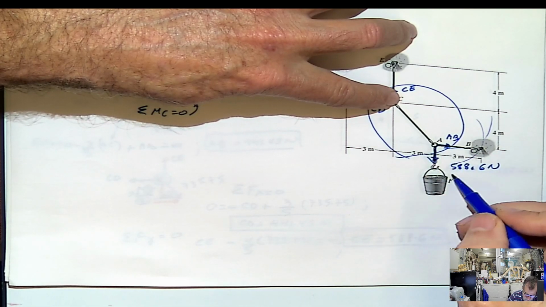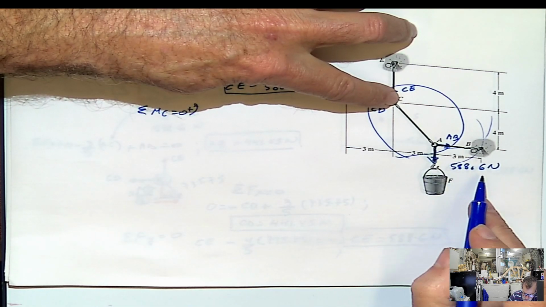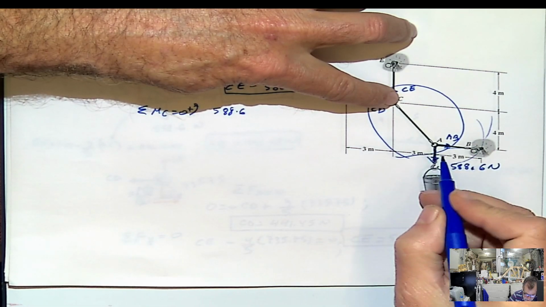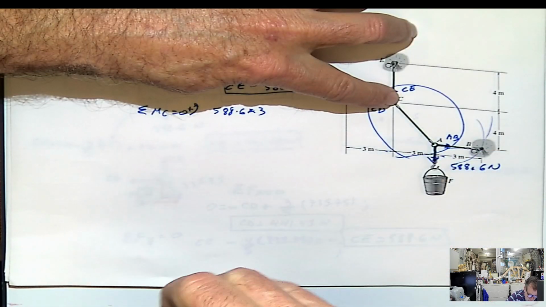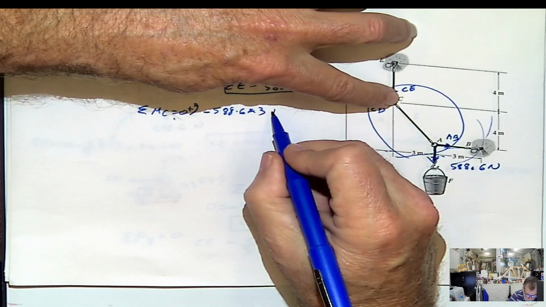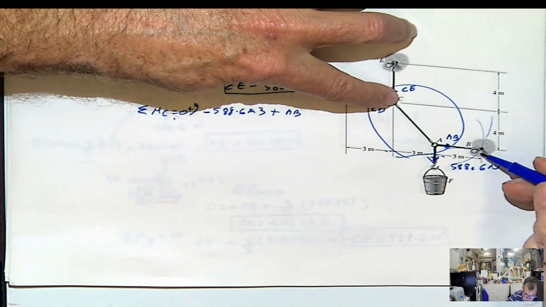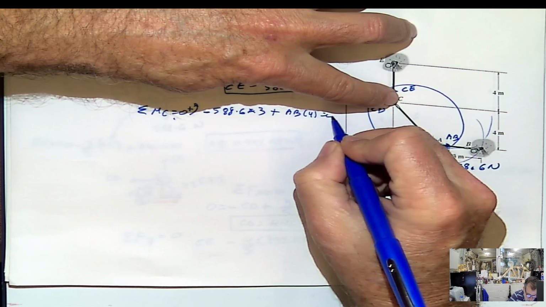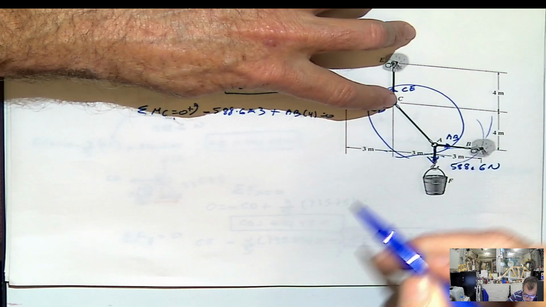I'm going to have, assuming this rotation as positive, 588.6 times 3, vertical force, horizontal distance, rotation clockwise, meaning negative here, plus AB times horizontal force, vertical distance, 4, equals 0. And these two don't produce any moment because I'm taking moment exactly at that point.